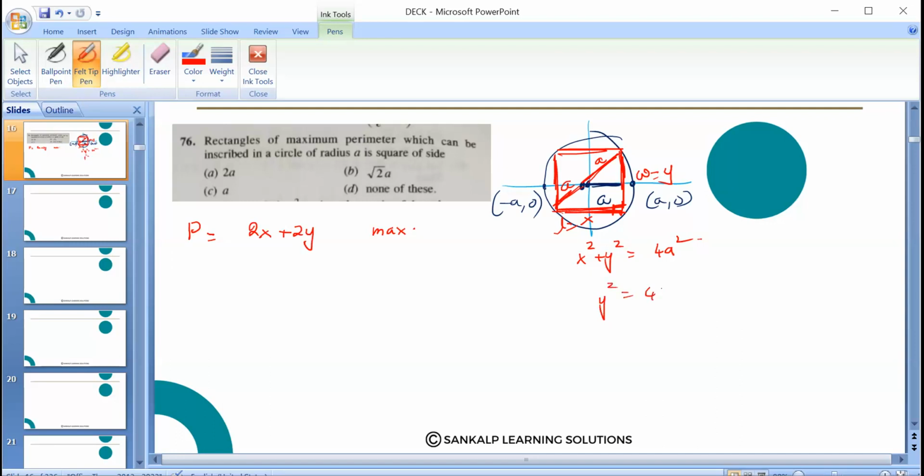Y square you can write 4a square minus x square, y as square root of 4a square minus x square. So the perimeter is 2x plus 2 root 4a square minus x square. For maximum, you have to find the derivative of the perimeter.